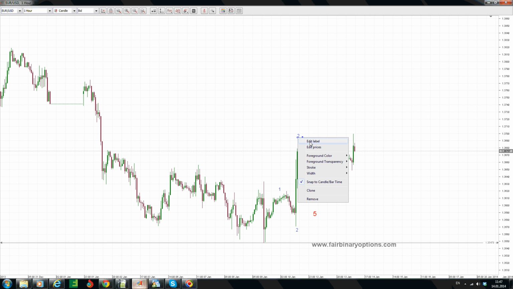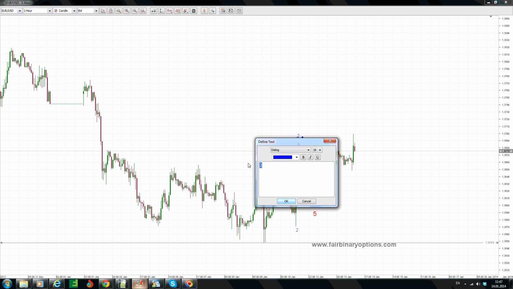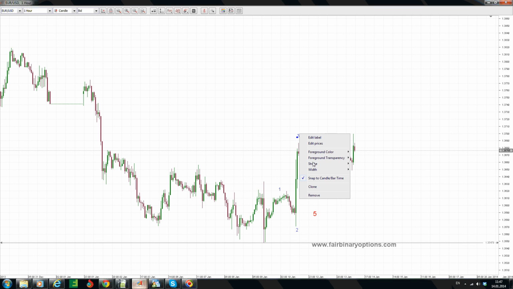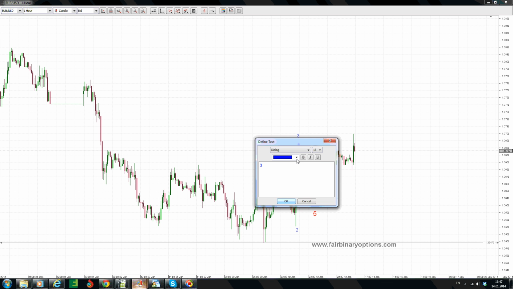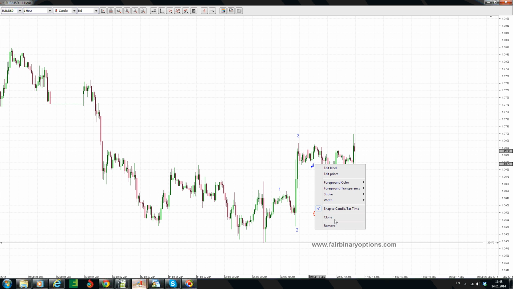And the third wave there. So 1, 2, 3 with the fourth wave to the downside, 4. And the fifth wave there, 1, 2, 3, 4, 5, and I would say that this is a 5-wave structure.